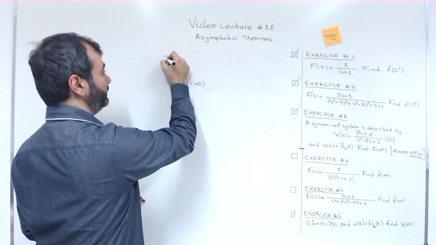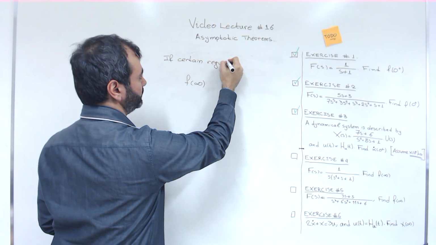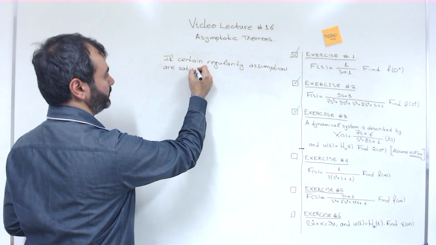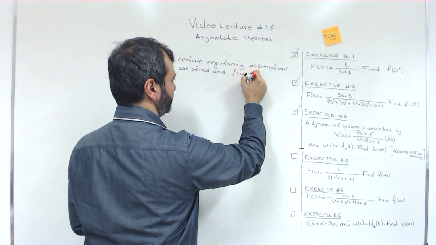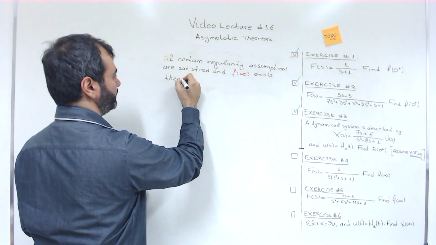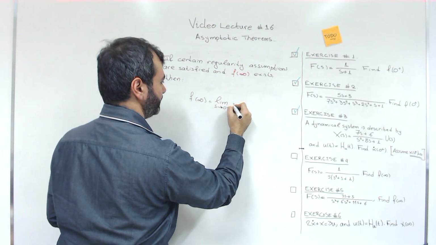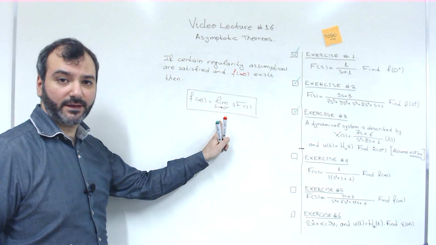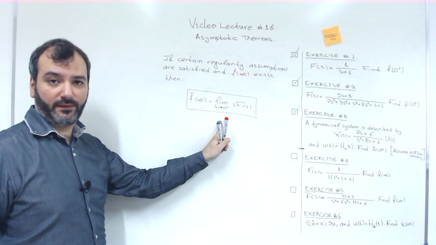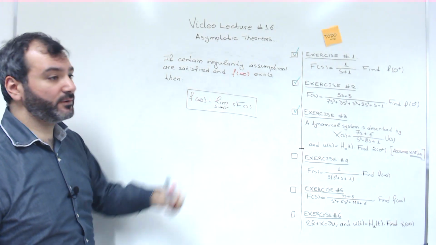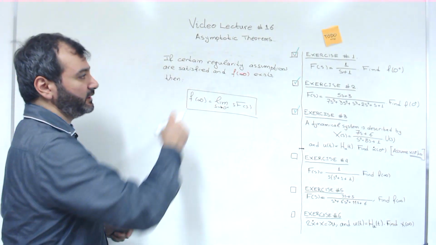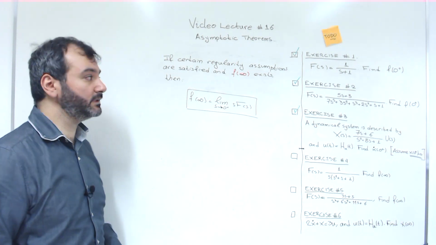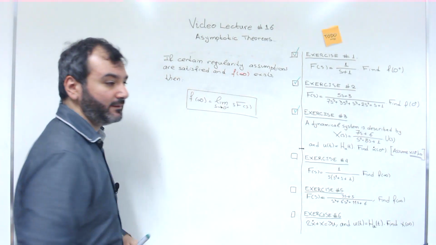If... this is proven in a similar fashion as the initial value theorem. There are some differences, and the theorem states the following, that if certain regularity assumptions are satisfied, we don't need to go into details, and f at infinity exists.